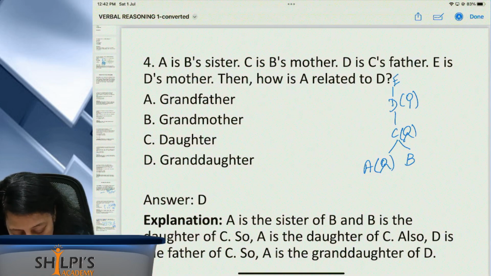E is D's mother. Then how is A related to D?